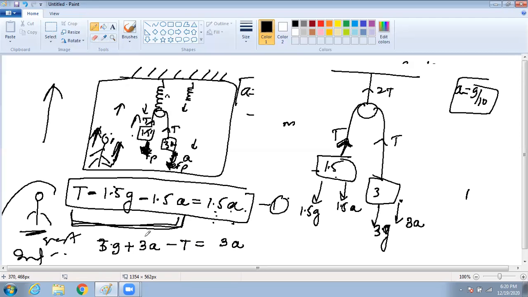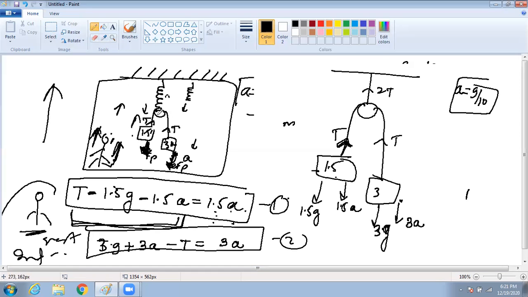Yes or no? Correct or not? Pritam? Yes, sir. Laksh? Clear or not? Yes, sir. Second equation also correct? Yes, sir. So can we combine the equations?